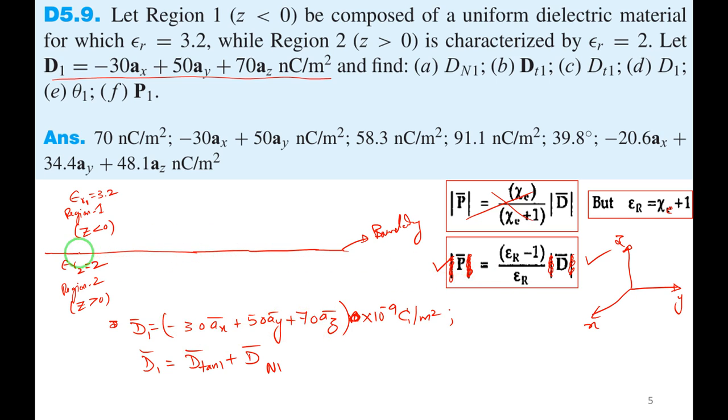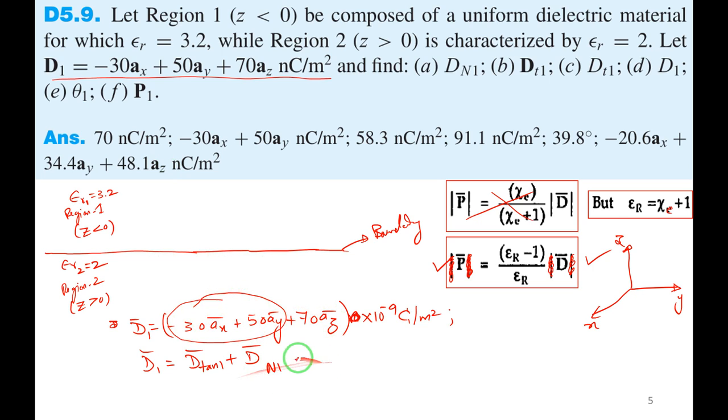Observe here, this boundary is located in the xy plane. Above this boundary, I have taken z less than 0, and below is z greater than 0. If this is lying in the xy plane, the x component and y component will form the tangential component, and the normal component, normal to the surface, is only z, above or below.